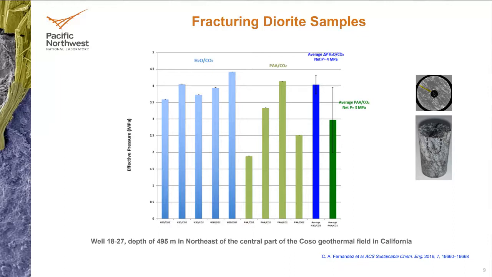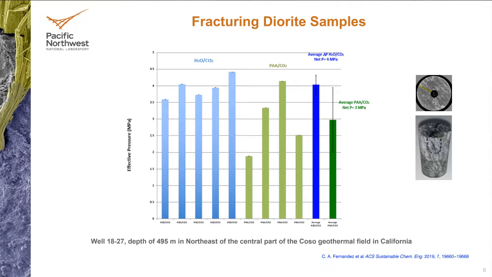So this is the pressure or the overpressure required to see a communication between the wellbore inside and the confining pressure. And what you can see is that when we use water without the polymer, the average net pressure is about 4 megapascals. Sorry for the changes in unit, but 4 megapascals is somewhere around 600 psi.